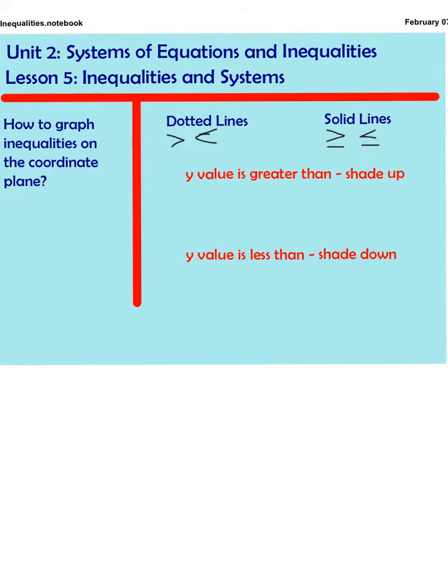I'm going to have, let's see, a line could be going this direction, or a line could be going this direction. And I'm going to put some lines down here as well, here, and then here. So if it says y is greater than, the keyword here is the word greater than.